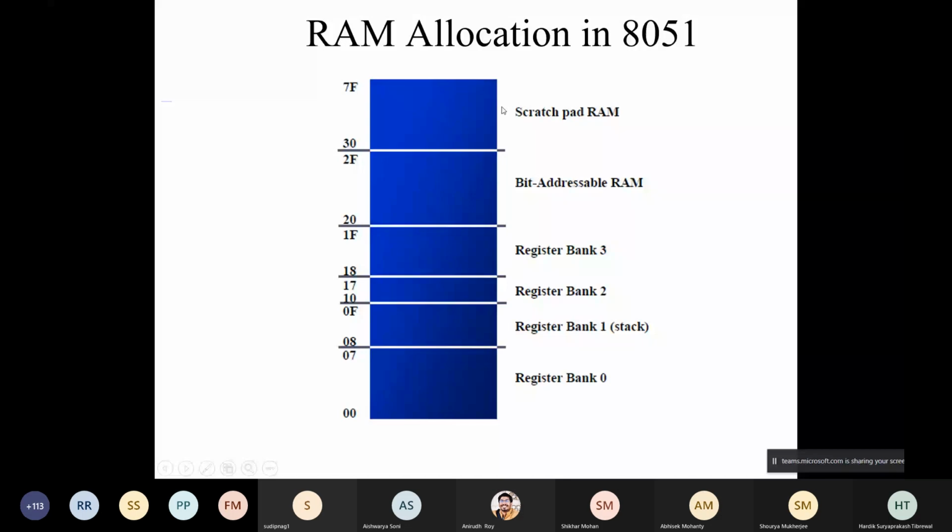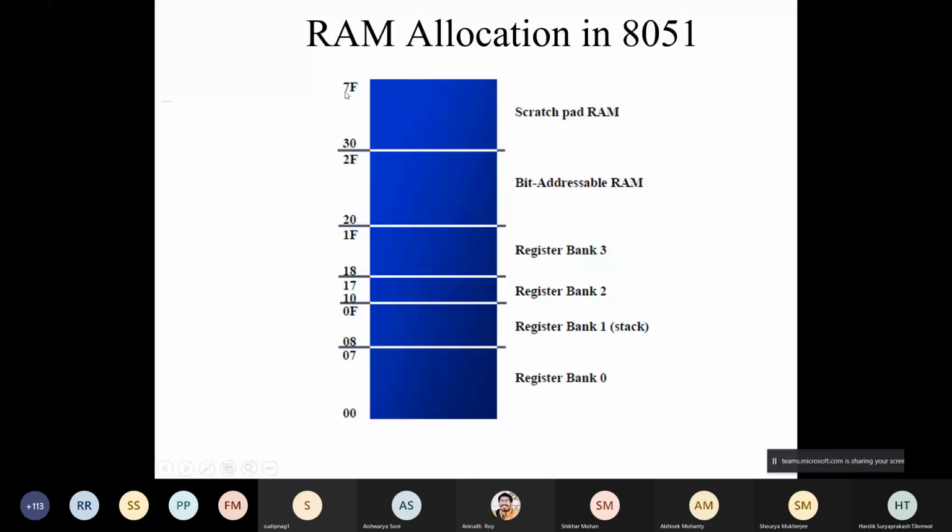Now 128 bytes of RAM, in the standard 8051. 128 bytes means the last memory location is 7F hex. If the RAM is 256 bytes, like the 89S52, then it will be FF instead of 7F. So instead of 127, that will be 255.